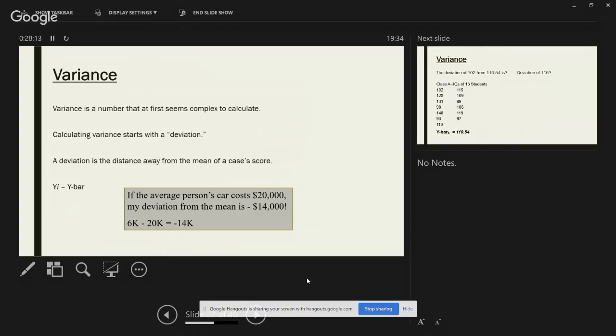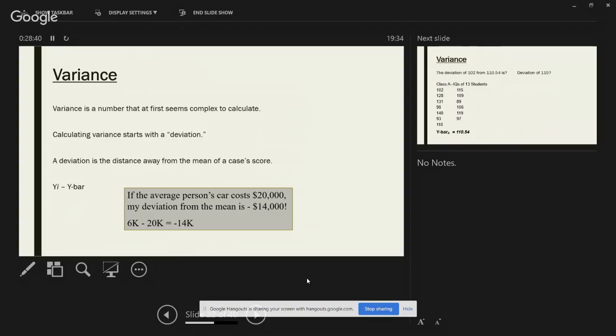Before calculating the variance, we'll be calculating the deviation, which is basically the difference between the number and the mean value in that particular range. So the formula for calculating the deviation is yi minus y bar. Y bar is basically the mean, which we already know how to calculate, and yi is the value we are talking about here.